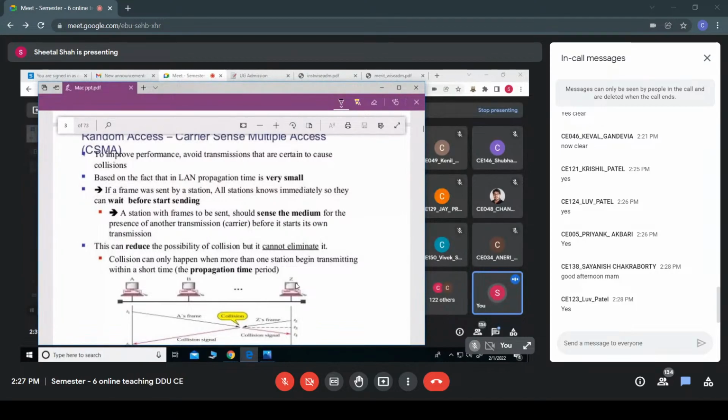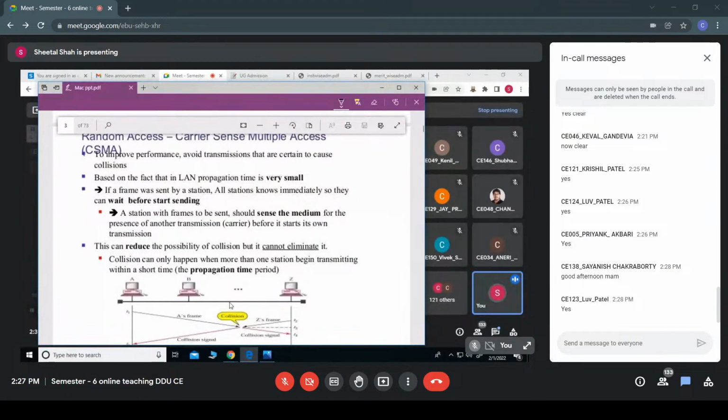In Aloha as well as slotted Aloha, as soon as the frame is ready with a particular station, it just starts transmitting, irrespective of whether the channel is free or not.